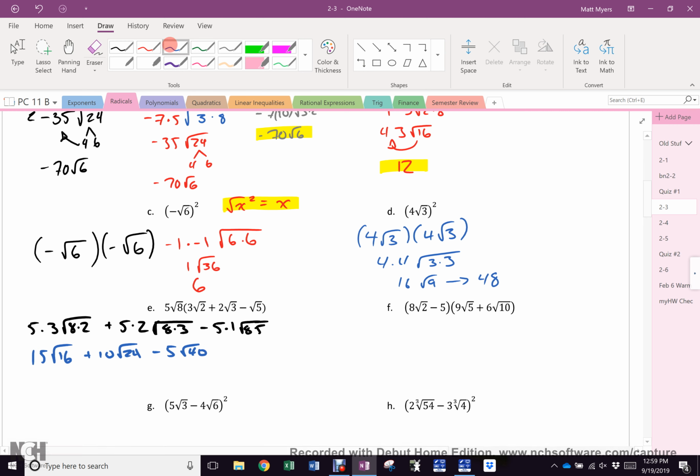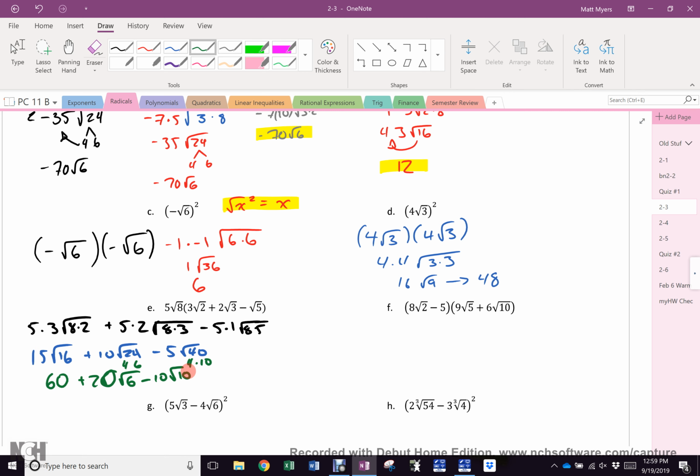Now, of course, you would tidy this up. This is 60. This is 4 times 6, so that is plus 20, 20 root 6. And this is, of course, 4 times 10 minus 10 root 10. And I'd stop. Are we good?